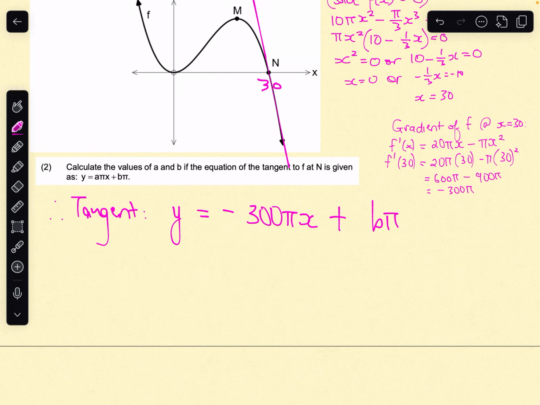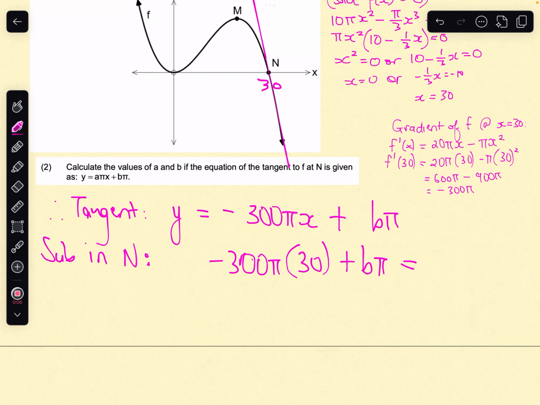In order to find the b pi bit, we're going to sub in the point N, which lies on the tangent as well. So we know that when x is equal to 30, the y coordinate is equal to 0.